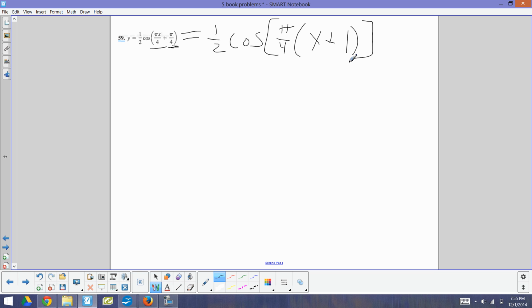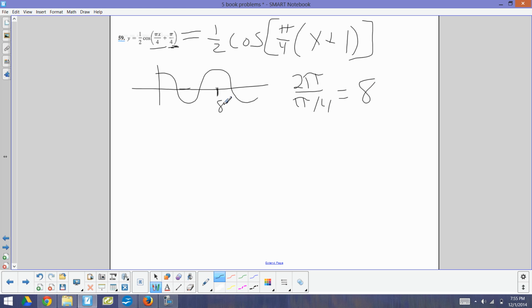So remember, the cosine curve looks something like this, and it repeats itself. That is my period. My period now is 2 pi over b, which is 8. So this is 8 over.